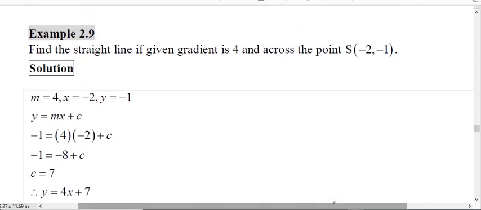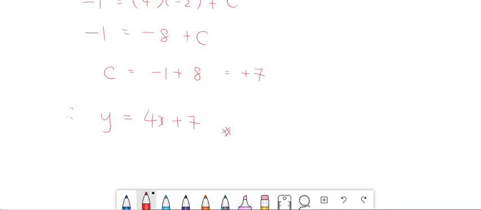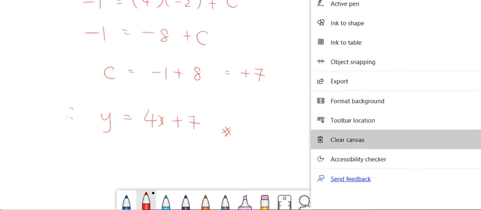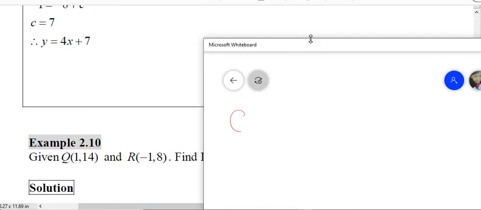Okay, let's proceed. Given Q and R, find the linear equation of QR. Okay, so how? First of all, what do I need to do? You'll be given Q (1, 14) and R (-1, 8).